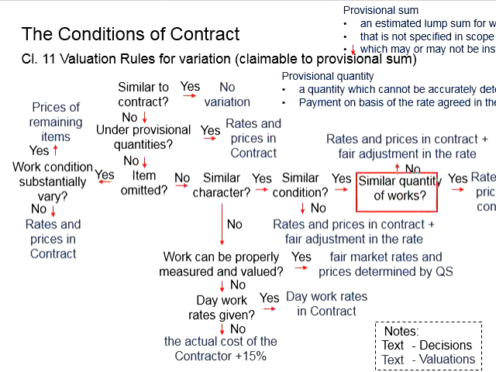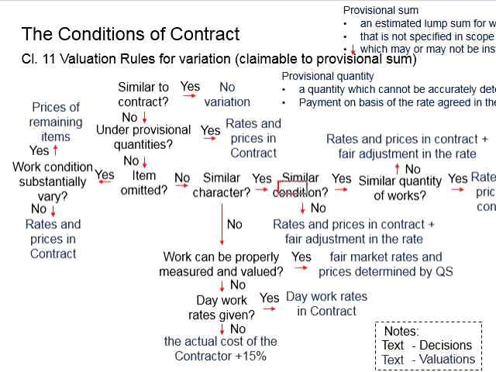If the quantities of the works are similar, we can straight away use the rates and the price in the contract. But if the quantities of the works are different, we will use the rates and the price in the contract as the basis, plus some fair adjustment in terms of the rate to cater for the relevant quantities.